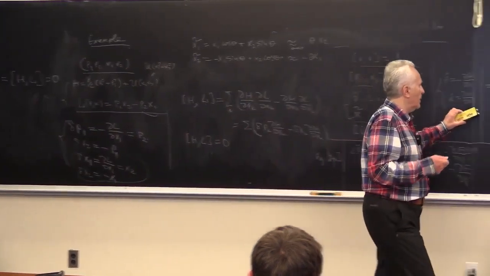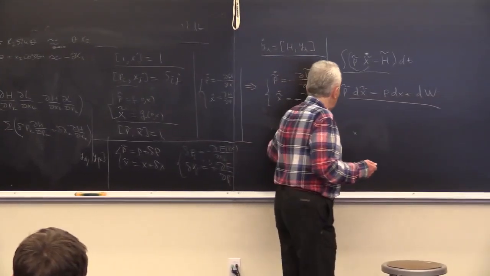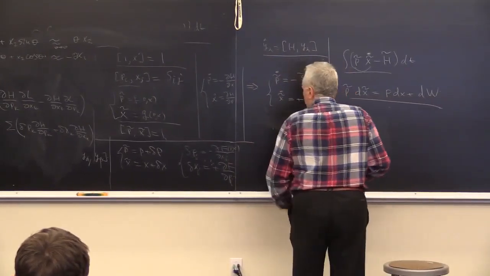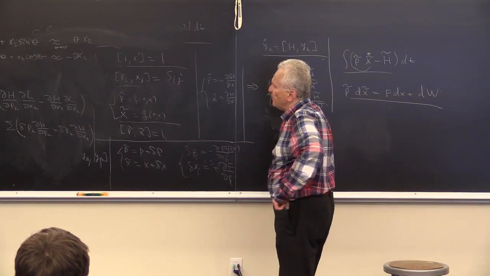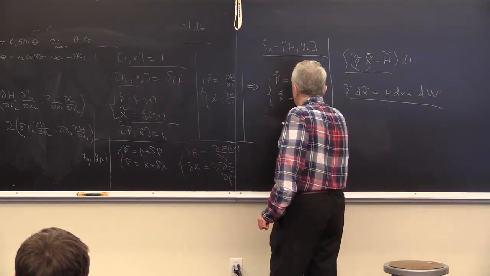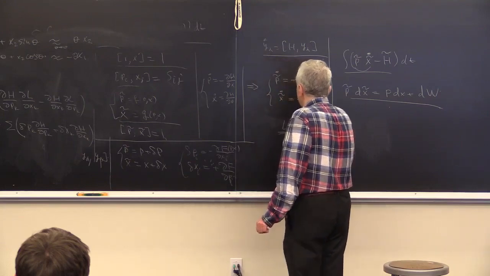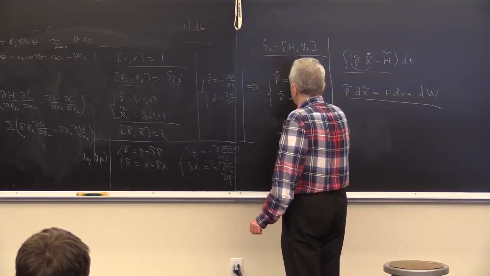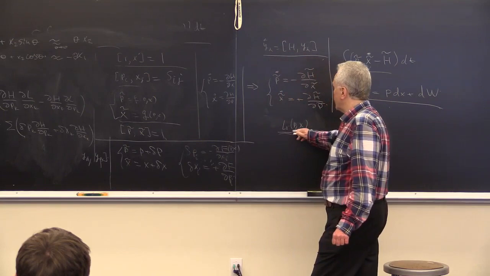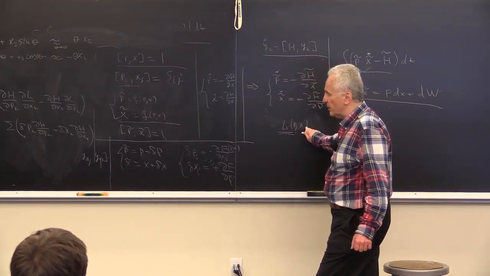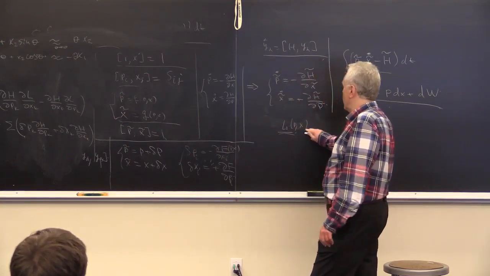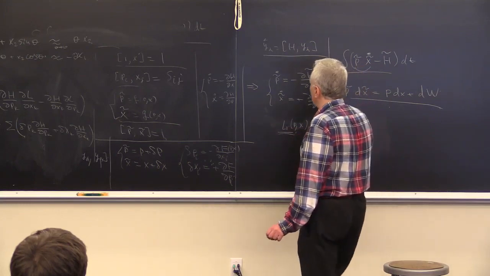So let me say it again. I really want you to understand this. The function L is a function on the phase space. Generally speaking, when the system moves, P and X depend on time, and L will depend on time.